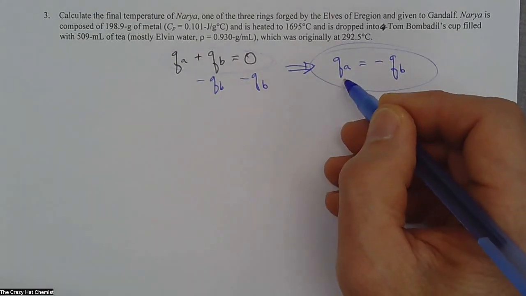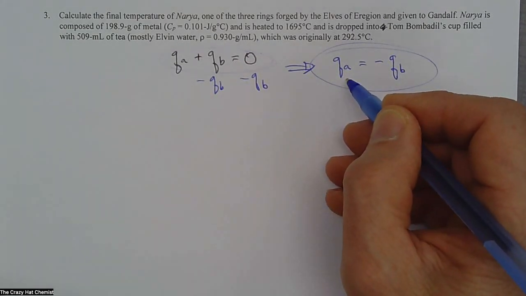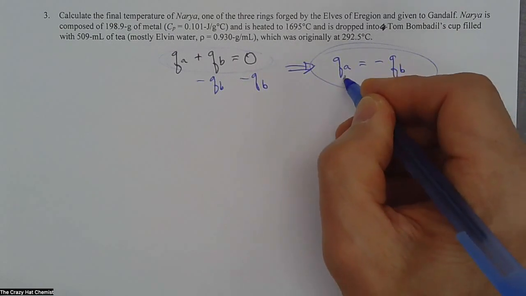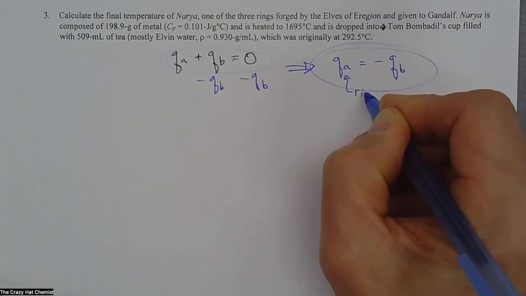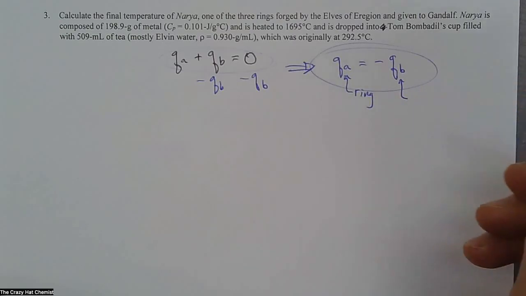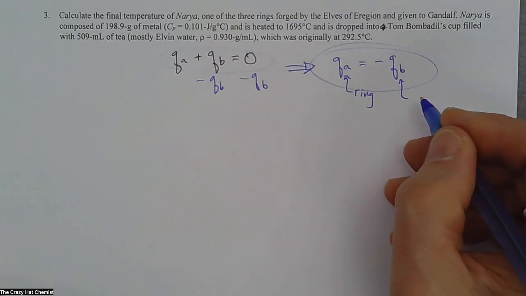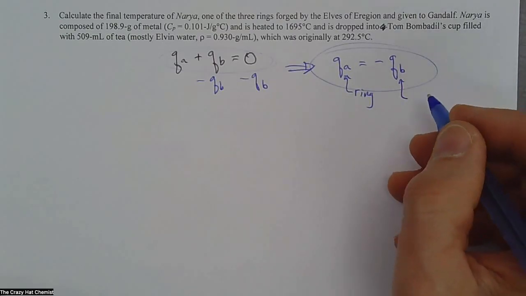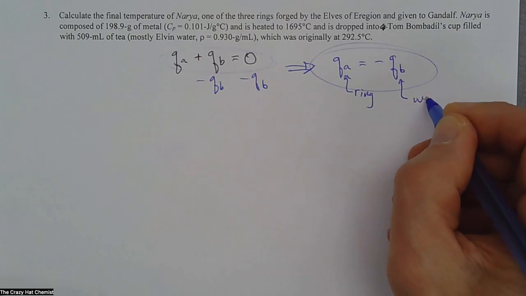And then the next thing we're going to do is call A the ring, Gandalf's ring, and B is going to be Tom Bombadil's cup filled with water. This is going to be the water.